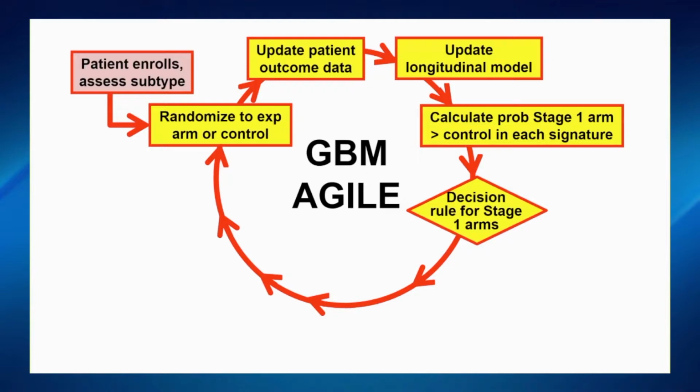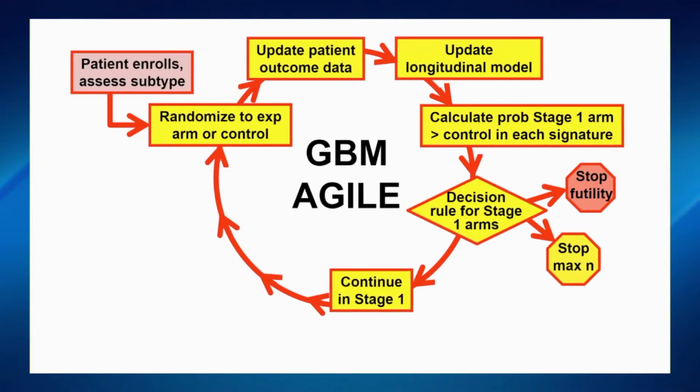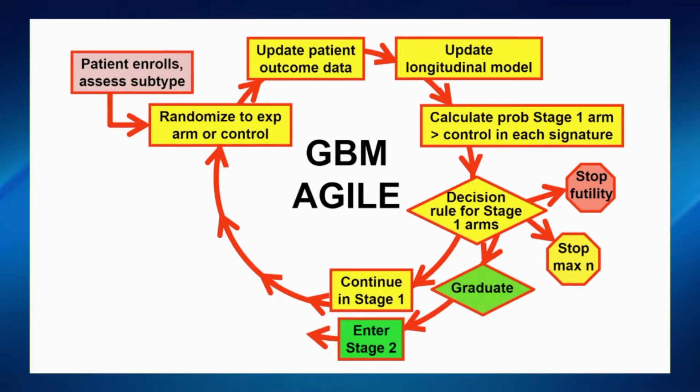We make decisions for those arms that are still in stage 1 as to whether you stop for futility, whether you stop because you reach the maximum for stage 1, whether you continue in stage 1 or graduate and enter stage 2. So these stage 2 patients are being randomized at the same time as the stage 1 patients. The only difference is that stage 2 has a fixed randomization, whereas stage 1 has an adaptive randomization.